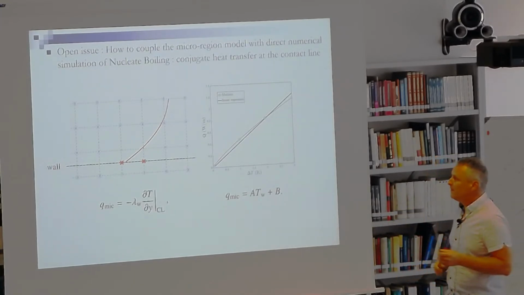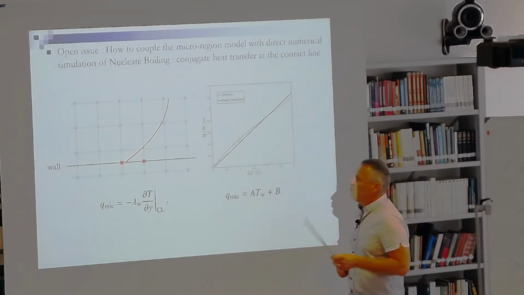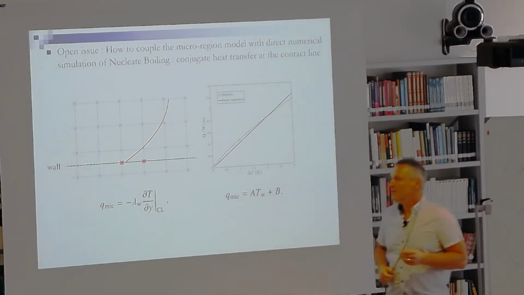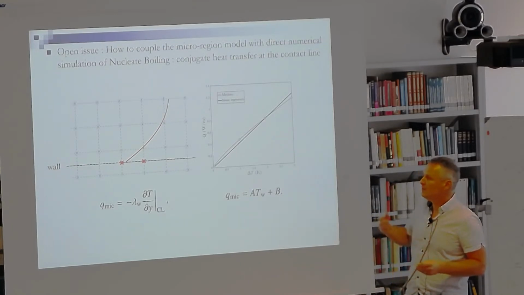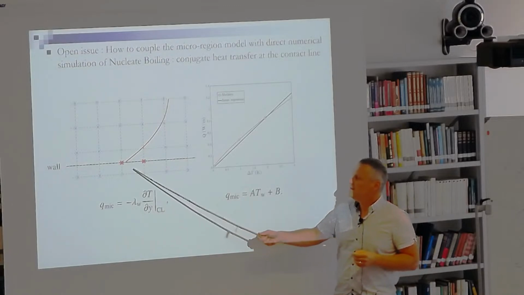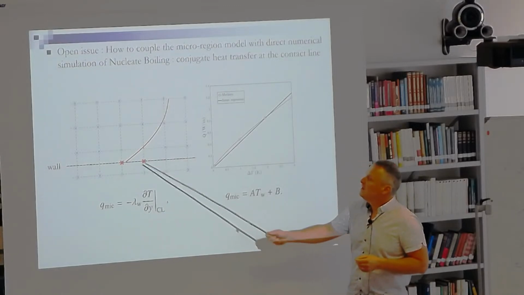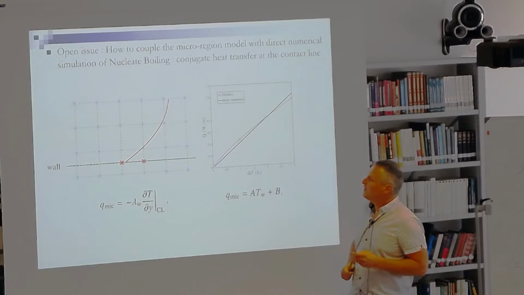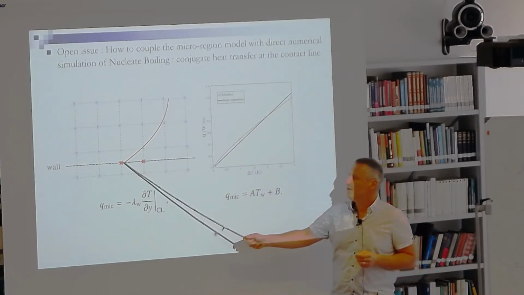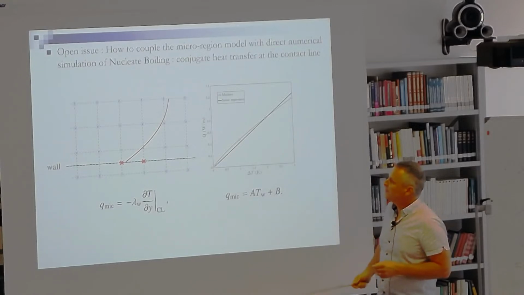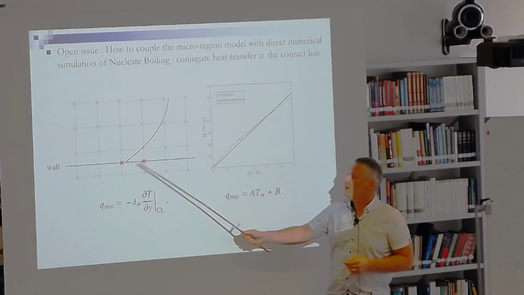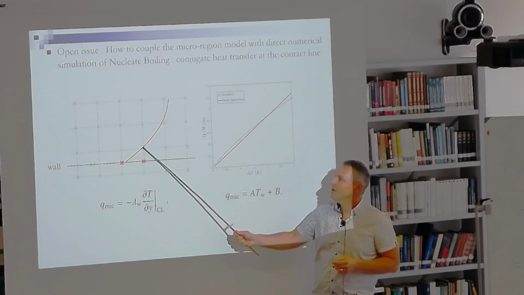From the point of view of the coupling between the fluid solver and the solid solver for the temperature, for the energy conservation, what we have to impose is the continuity of the flux in the cell which is crossed by the contact line. So in the cell that contains the microregion, we have to keep in mind that the microregion is much smaller than this cell.